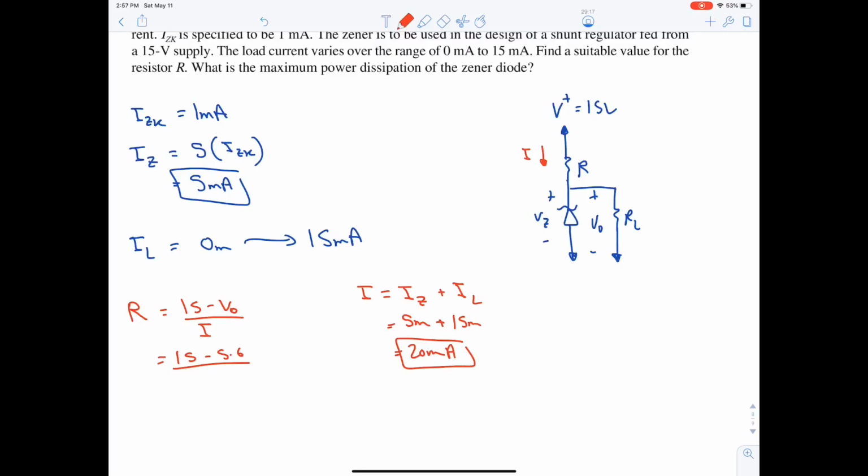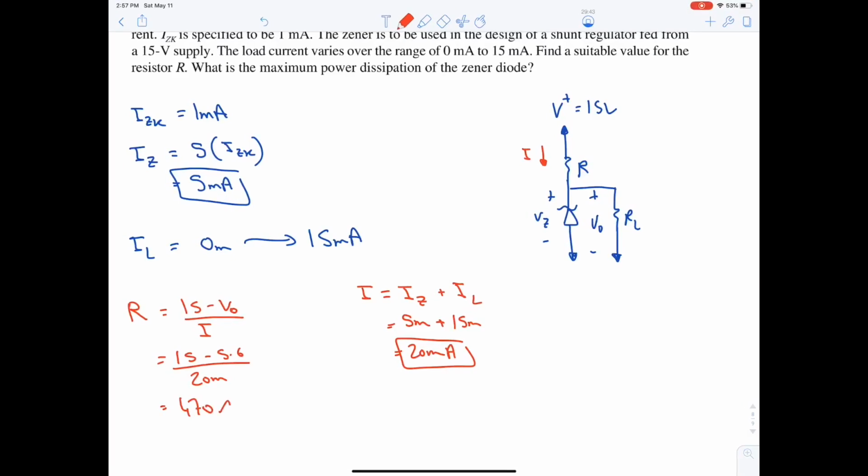Because when IL becomes 15 milli, the total current becomes 20 milli. So the resistance that you computed based on I is maximum 5 milli will not comprehend the 20 milliampere current. So we will take the worst case scenario, which is 20 milli, and this will result in R equal to 470 ohm.